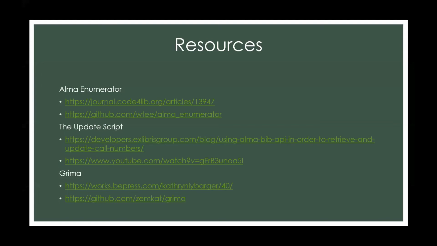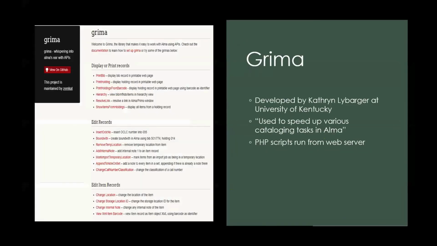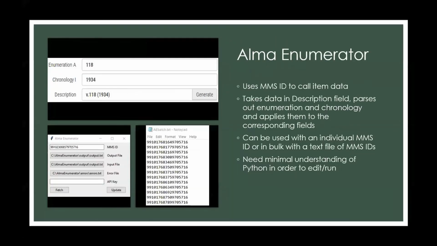Okay. Can you explain how to use a batch file to change the enum chron? She didn't understand from your description earlier. Sure, yeah, definitely. I can go back to that slide. Okay, so when you download Alma Enumerator from the source page on GitHub, there is a configuration file.